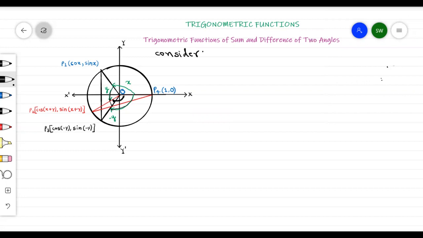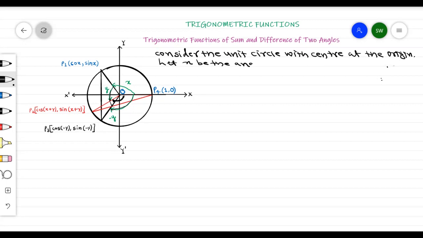Here I am writing: consider the unit circle with the center at the origin. Let x be the angle P4OP1. This is your x.